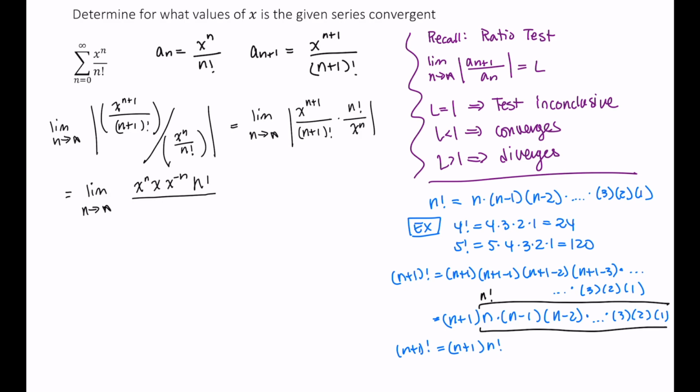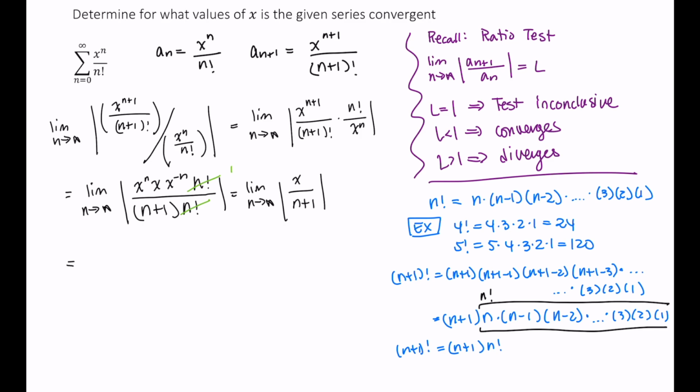Oh, and of course, times n factorial divided by n plus 1 times n factorial. And so, of course, n factorial divided by n factorial is 1. And then here we have x to the n times x to the negative n. That's just 1. So we end up with the limit as n approaches infinity of the absolute value of x over n plus 1.